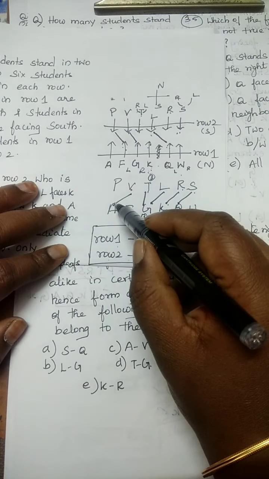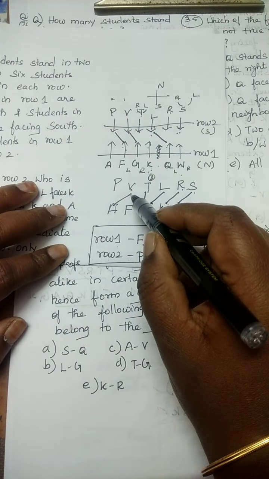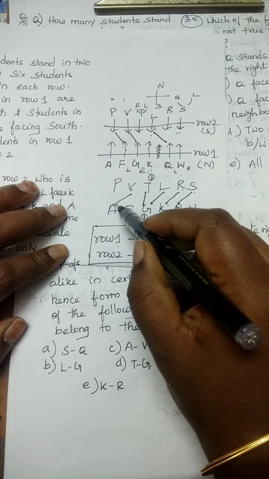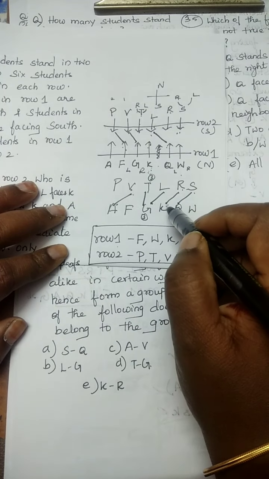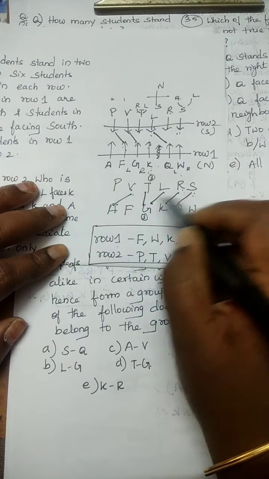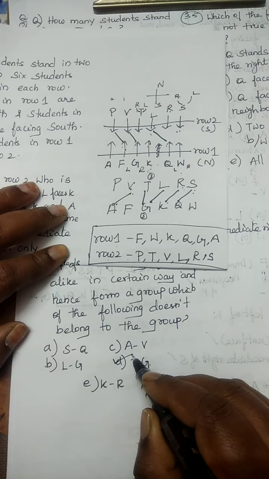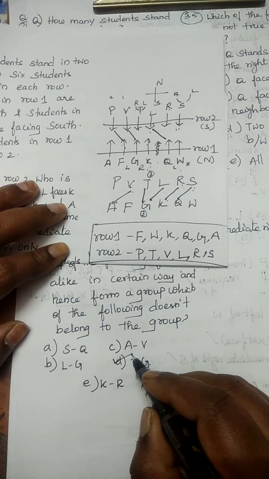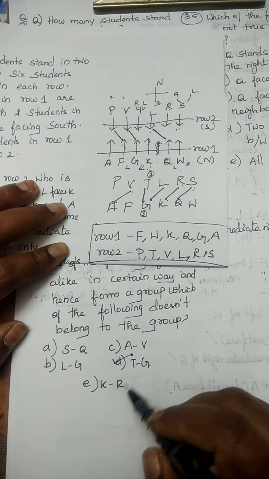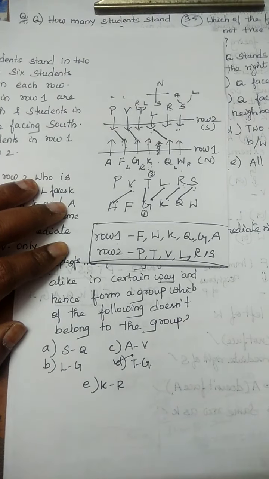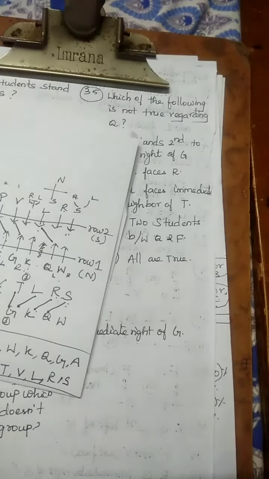So each gets paired with cross elements. A, V, G, L, K, R, Q, S. But T, G is different. So option D is different, which is the odd one out, which does not belong to that group. Can you understand, guys?